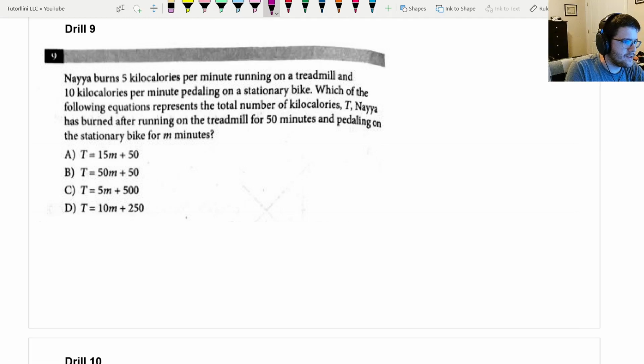Okay, 5 kilocalories. So T, and let me just do this down here. T equals 5 kilocalories per minute times m minutes.